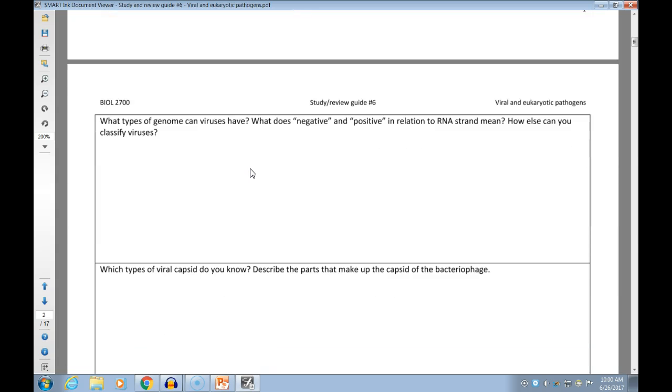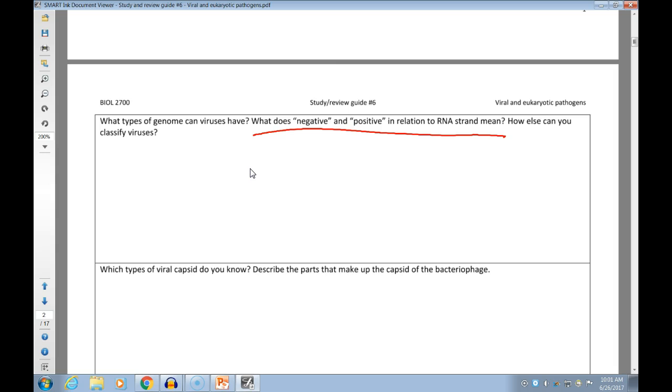Types of genomes. Understand, please, I want to highlight, understand what negative and positive mean. Both double and single-stranded RNA can be either positive or negative. And understand what positive and negative applied to RNA means, right?